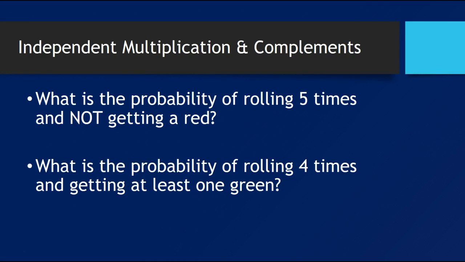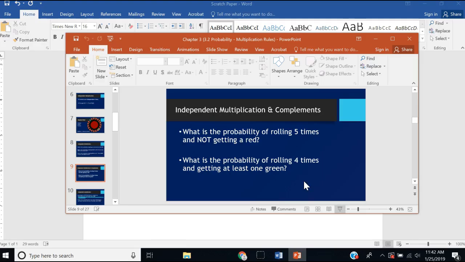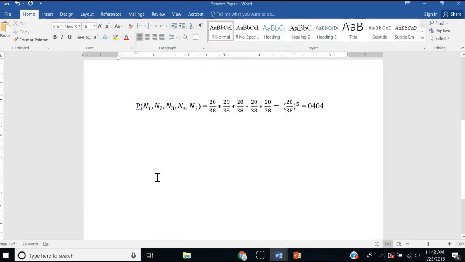Now let's go to this next question. What's the probability of rolling 4 times and getting at least 1 green? All right, what does at least 1 green in 4 times mean? Well, think about this in terms of sequences.